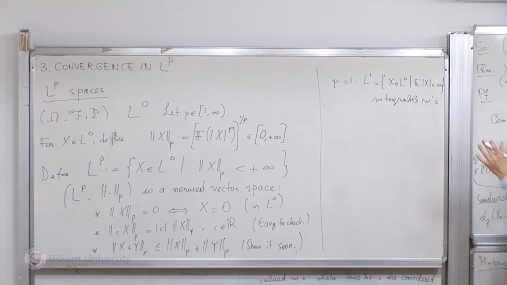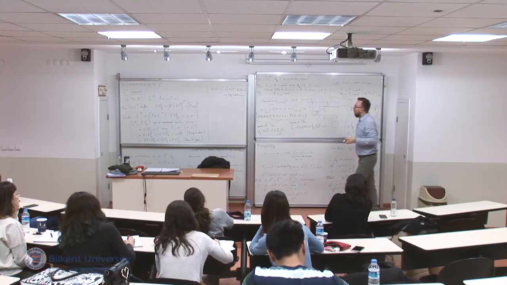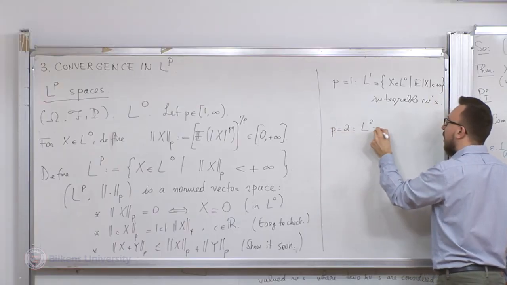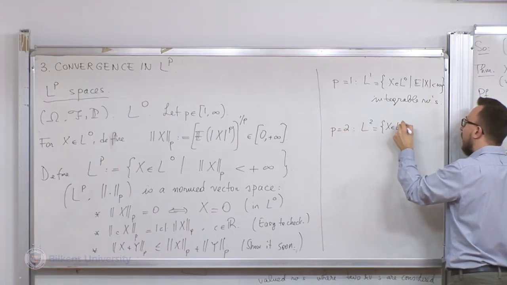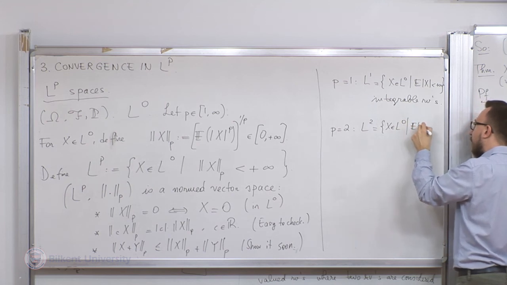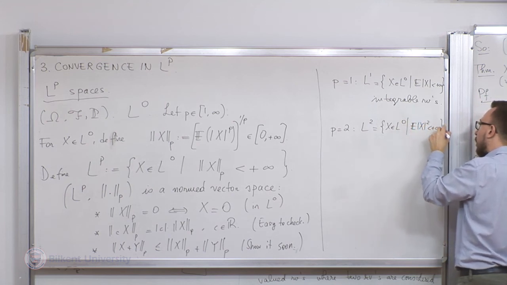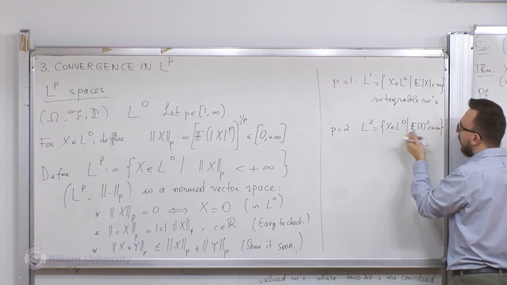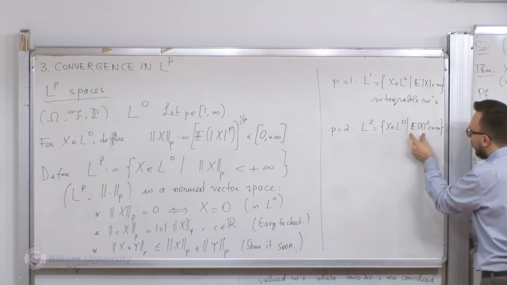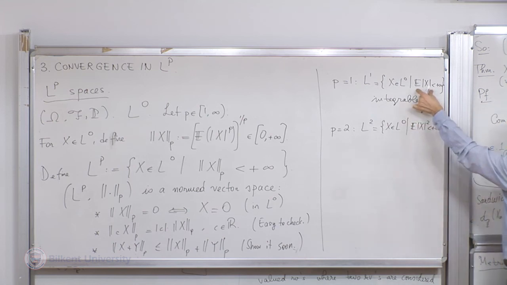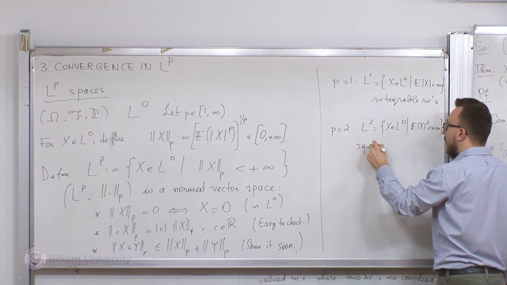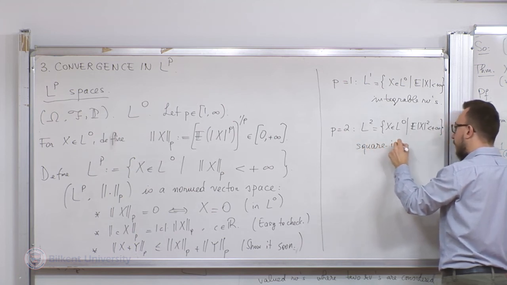I guess we called it L1 at some point. And 2 is the ones with finite second moment. Then you can also check that it has finite variance, because variance is just this minus this squared. So these are square integrable random variables.